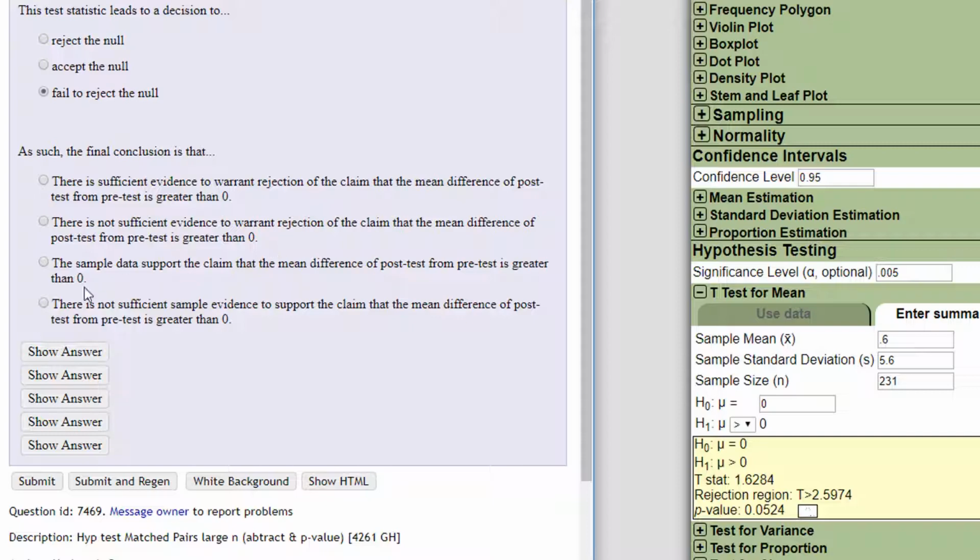No. It's the fourth one. There is not sufficient evidence to support the claim that the mean difference of post-test from pre-test scores is greater than 0, right? We really are looking at, does the evidence support the alternative hypothesis? And that's the way we look at a hypothesis test.